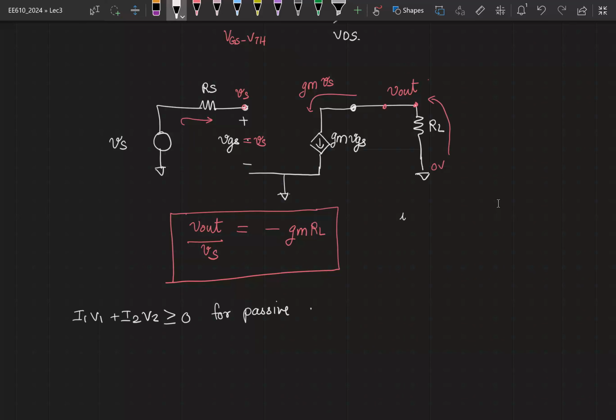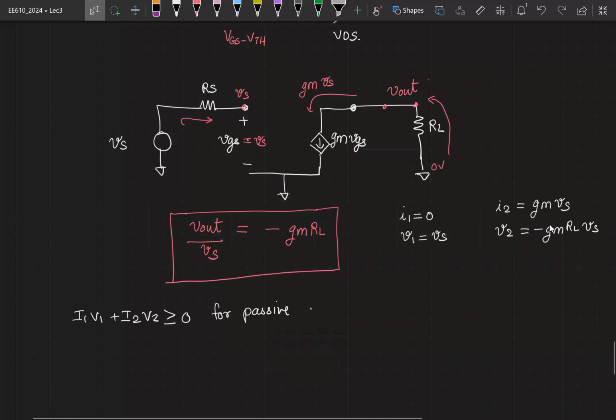What is the value for I1? I1 is 0, V1 equal to some Vs, right? What is I2? That is GM Vs, and V2 is minus GM RL into Vs. Okay, so if I do I1 V1 plus I2 V2, is this positive or negative?